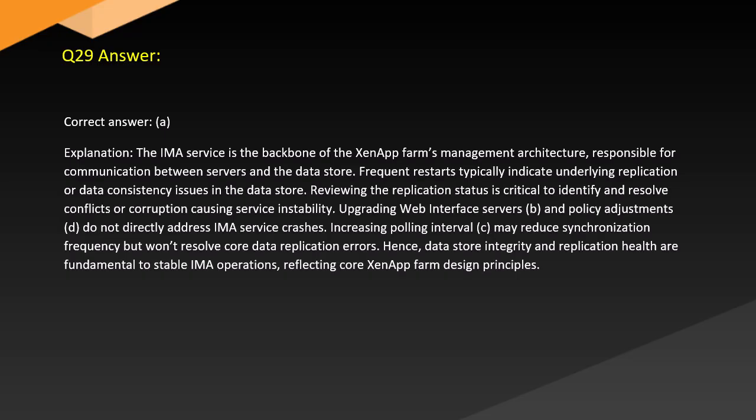Upgrading web interface servers, B, and policy adjustments, D, do not directly address IMA service crashes. Increasing the polling interval, C, may reduce synchronization frequency but won't resolve core data replication errors. Hence, data store integrity and replication health are fundamental to stable IMA operations, reflecting core XenApp farm design principles.